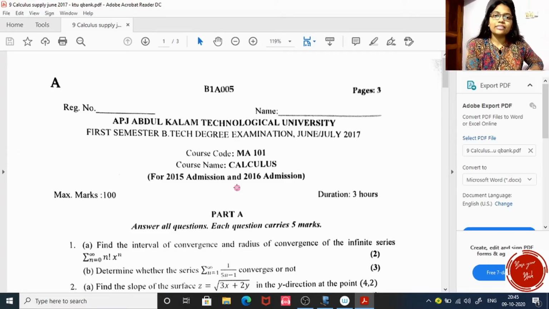So last class we discussed two problems from this same question paper, KTU question paper June-July 2017. So today let's do two more problems regarding the del operator.